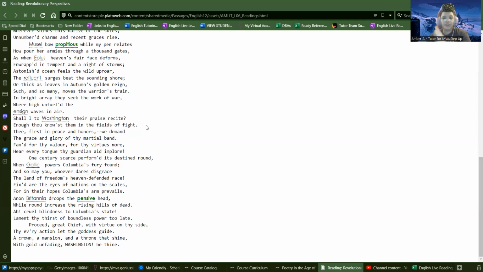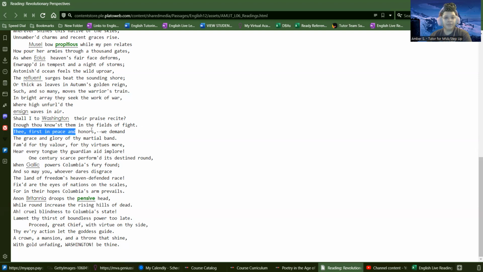So we have kind of a double thing happening here, not only with the heavenly choir knowing what's going on and not really needing this description, but if Washington's leading the soldiers, he would also know of what they've done. So she's questioning here, should I go through every little thing that they've done to sing their praises when everyone witnessing the poem would know firsthand of what they did?